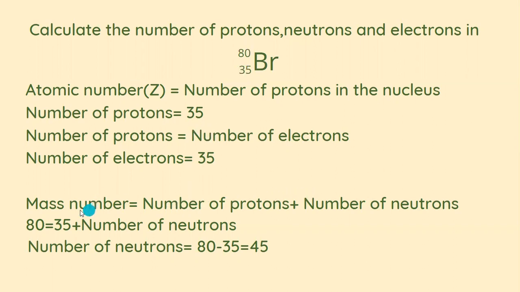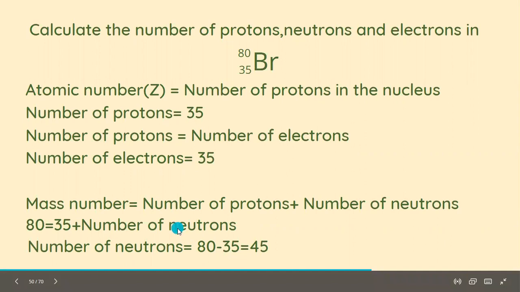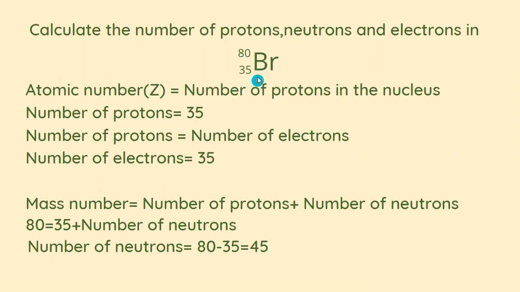So we're just substituting mass number as 80, and because we know the number of protons is 35, we were able to calculate the number of neutrons, and the number of neutrons is 45. So for bromine, whose atomic number is 35 and mass number is 80, the number of protons and electrons are 35 and 35 each, and the number of neutrons is 45.